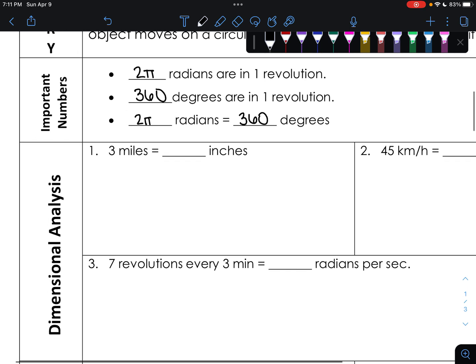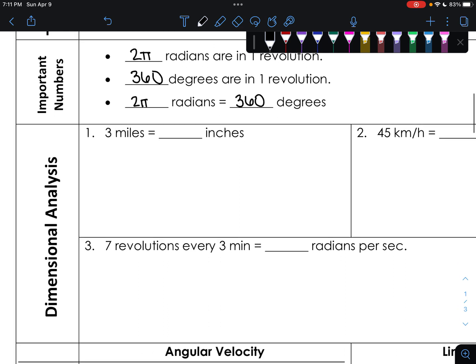Okay, now before we can actually get into the linear and angular velocity application problems, word problems that we're going to be dealing with, we need to understand how to do dimensional analysis. So what this is just allowing us to convert between different forms of units, because sometimes we're given inches, but we really want to find the miles.